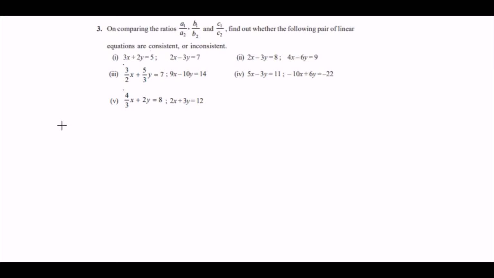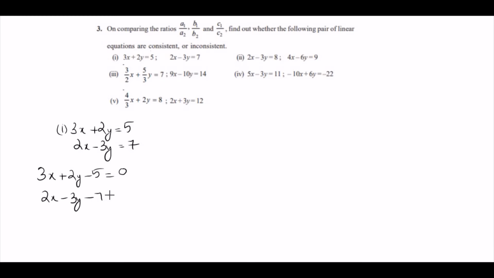So the first question is 3x plus 2y is equal to 5 and 2x minus 3y equal to 7. So first write these equations in the standard form. That is, 3x plus 2y minus 5 equal to 0 and 2x minus 3y minus 7 equal to 0.